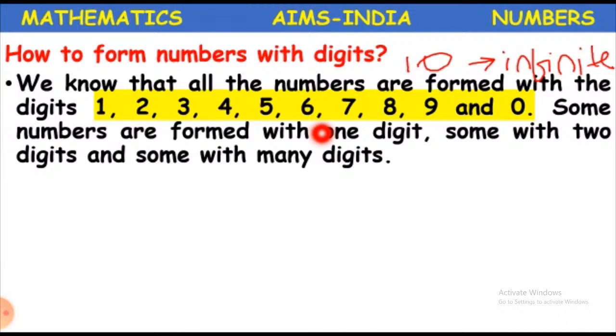Some numbers are formed with only one digit, some with 2 digits and some with many digits. Some numbers have only one digit, some have 2, some have 3 and some can have more than 3.